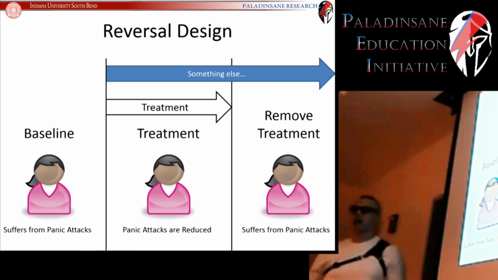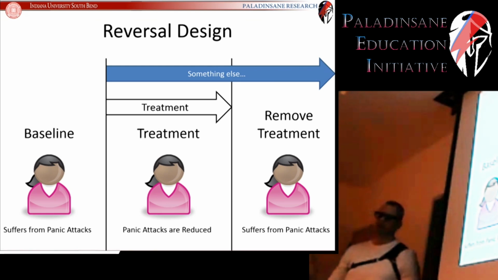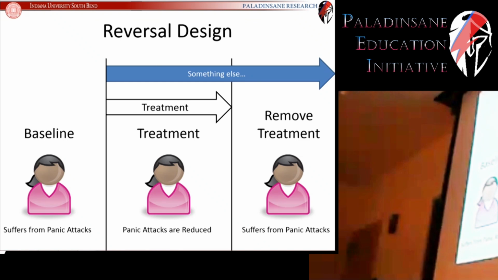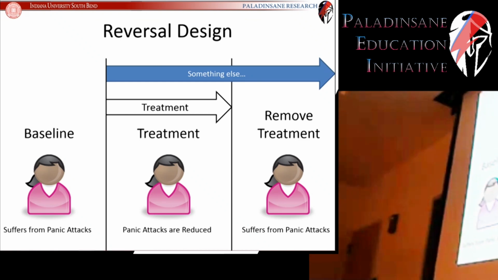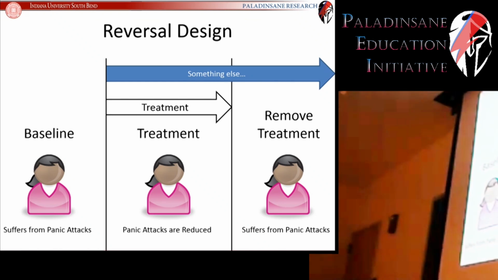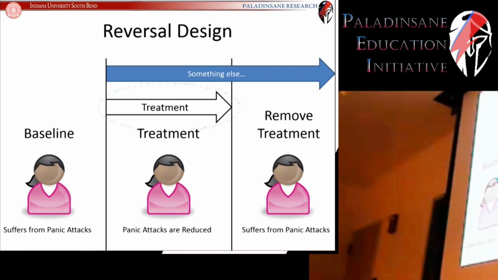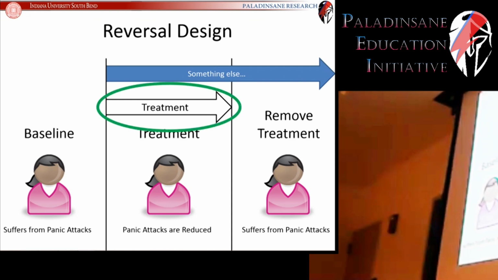And if the panic attacks come back to the previous baseline levels, that means they were not reduced by that something else. It could not be this something else because the something else is still there, but the panic attacks came back. That means that it's the treatment that was causing the reduction in panic attacks.